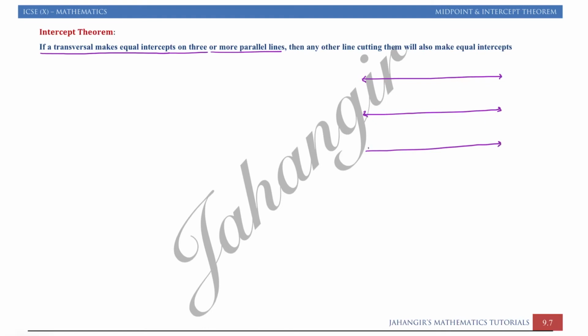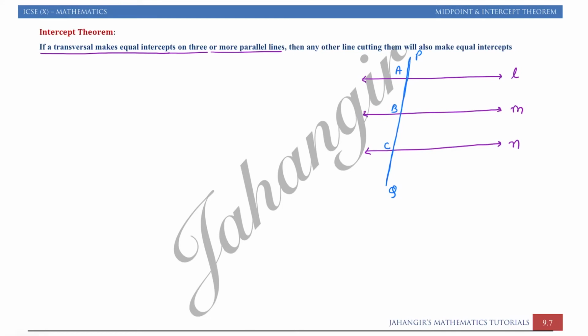You can take three parallel lines as L, M, N. These are the three parallel lines, and one transversal is cutting, let's say P and Q. PQ is a transversal which cuts the three lines at A, B and C.